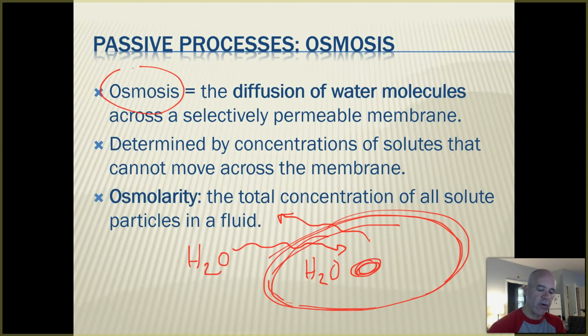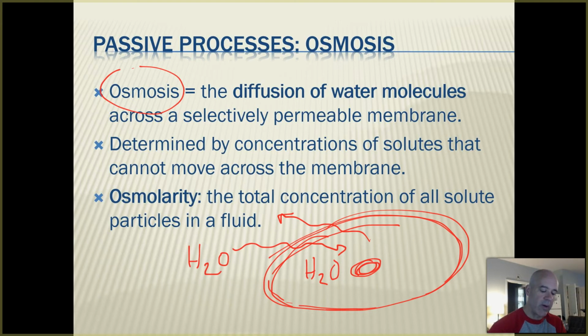All right, a couple of other terms here. What in the world determines whether or not a cell is going to take up more water than it's going to lose, or whether it's going to lose more water than it takes up, or maybe those water molecules are just going to move back and forth evenly and keep everything nice and evenly distributed?